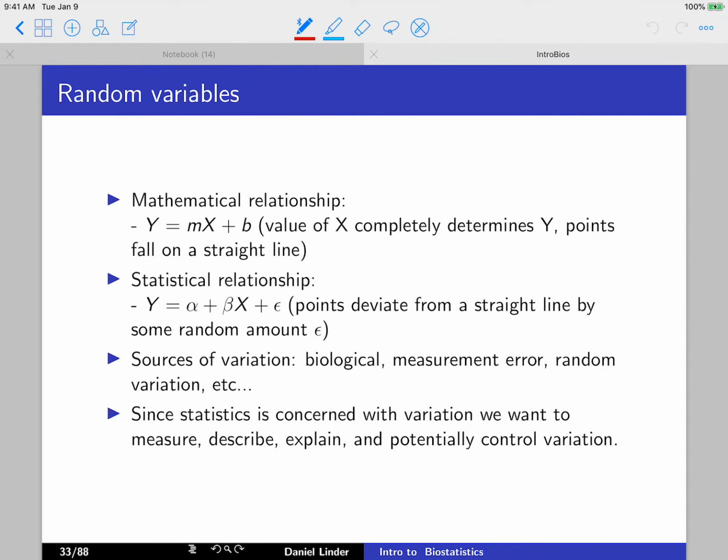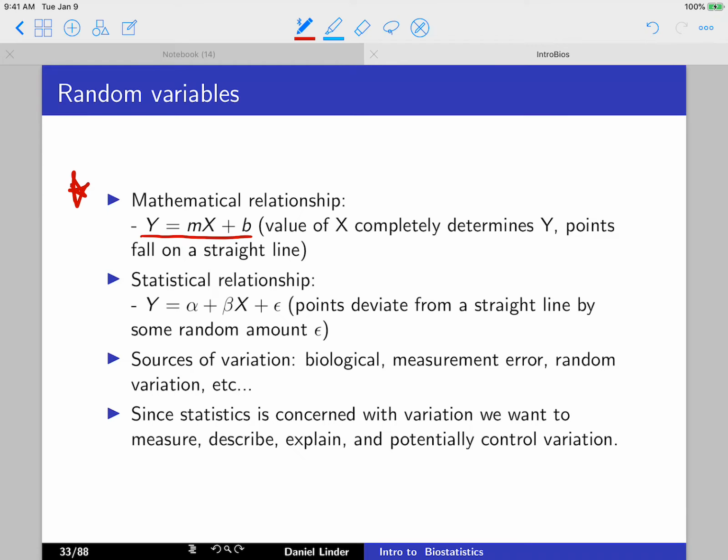So let's talk about some of the characteristics of a random variable, and maybe it'll help if we first look at a mathematical relationship versus a deterministic relationship. What you'll see in this first bullet here is a mathematical relationship that I've written, and it's y equals mx plus b.